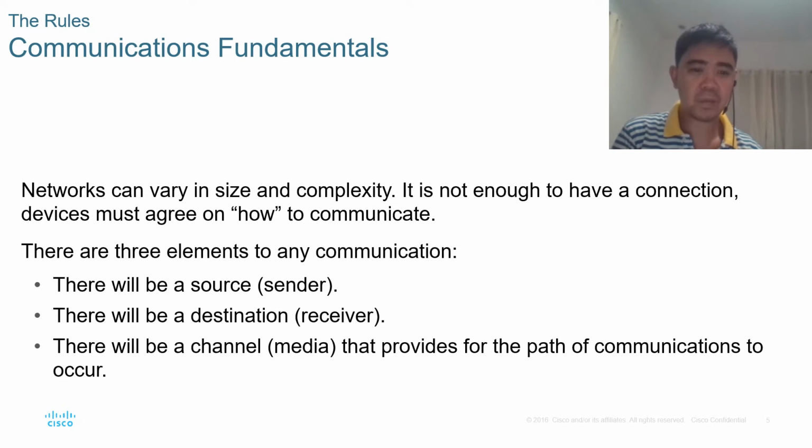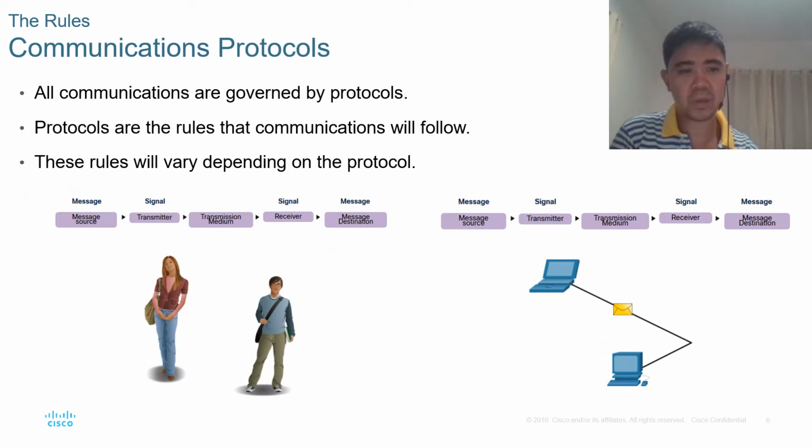Before we proceed to the exact rules, take note that in a communication there are three elements. You have the source, you have the destination, and of course there should be a media, a channel that connects the source, the sender, to the destination, the receiver. I have an analogy here again. When two persons talk to each other, of course, there should be a message and a destination.